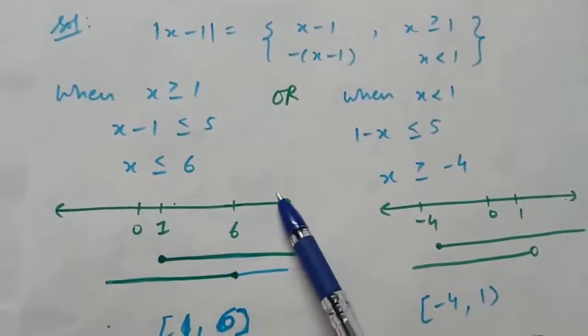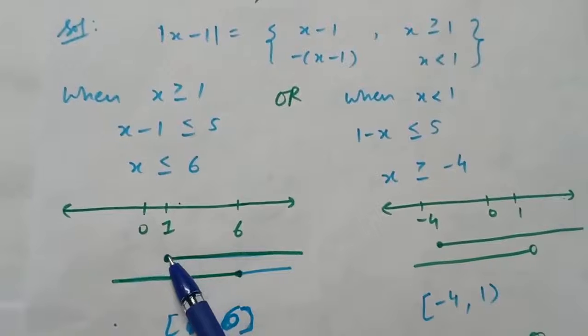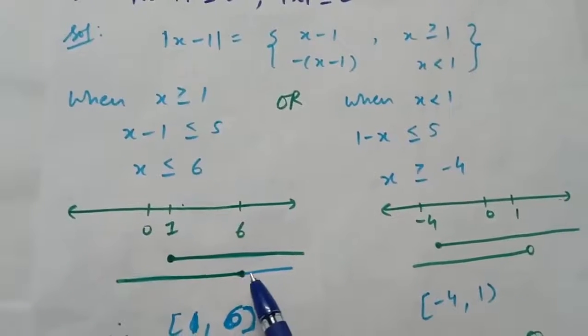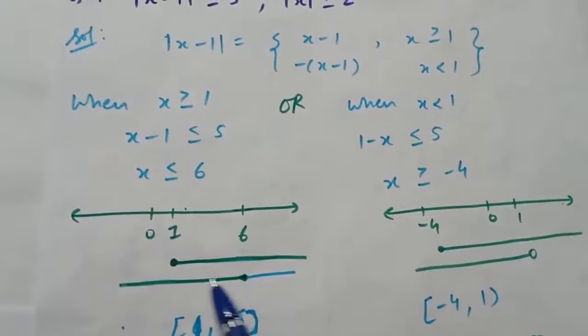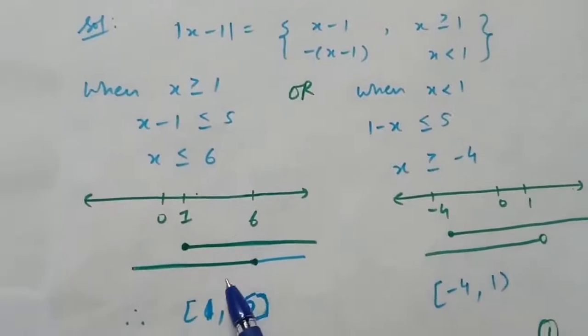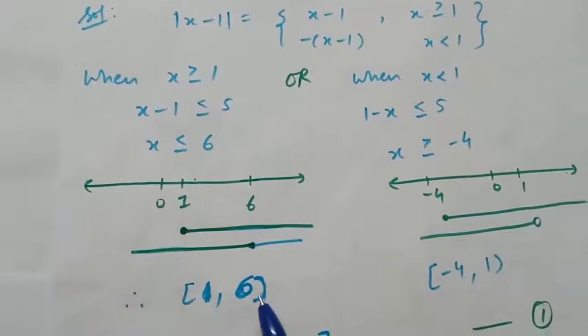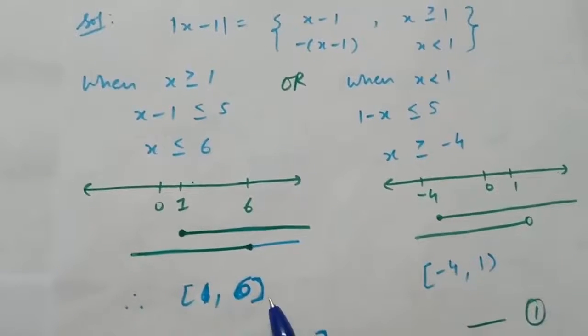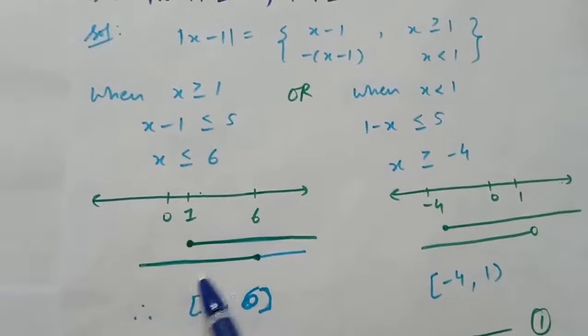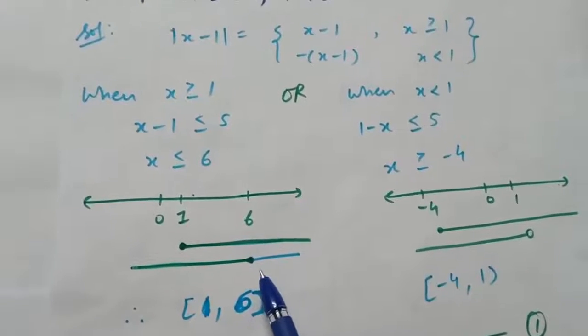So from this number line we can see x greater than or equal to 1 and x less than or equal to 6, see this green line. So the intersection of these two is from 1 to 6 with closed brackets, right? Because in both of these lines 1 is included and 6 is included.